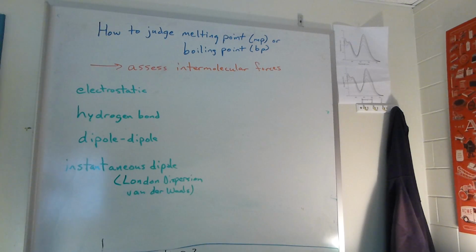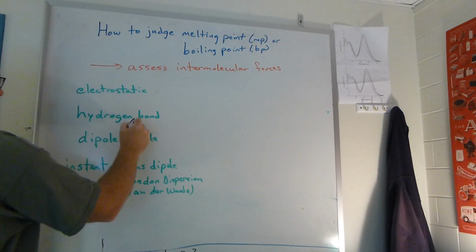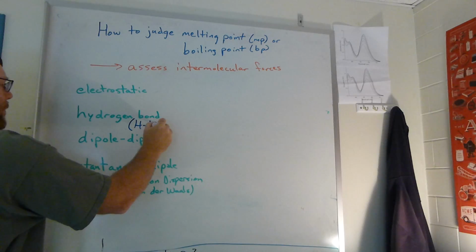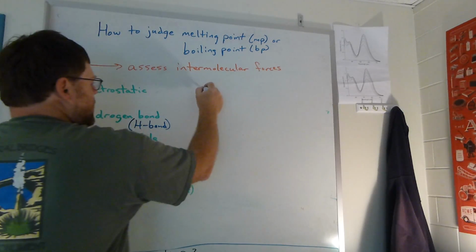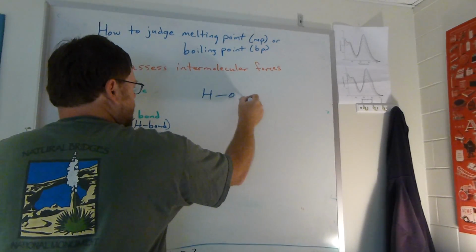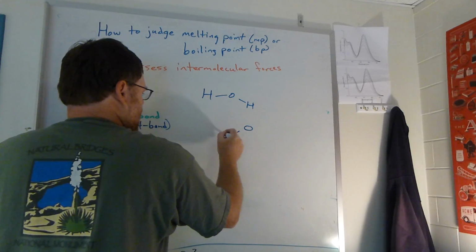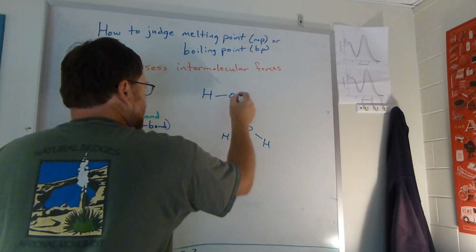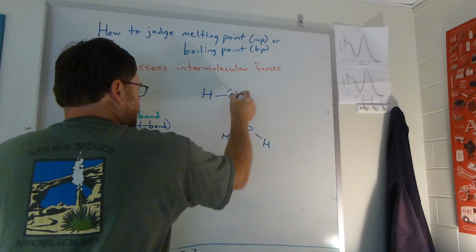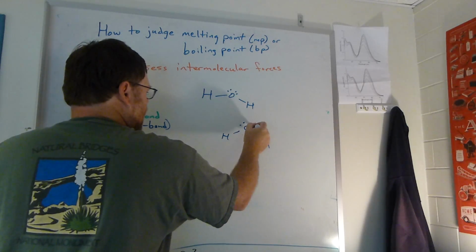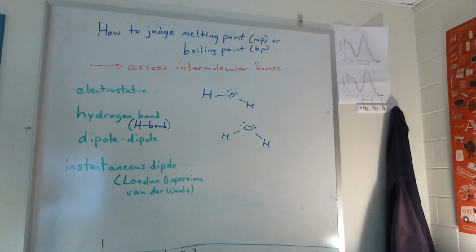All right, so the next one is a hydrogen bond. This is also going to be known as an H bond occasionally. And the best example then is the water that I was talking about. I'll talk about this right at the end, but by and large, melting point and boiling point scale with molecular weight.